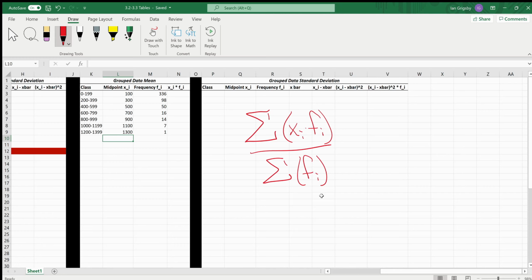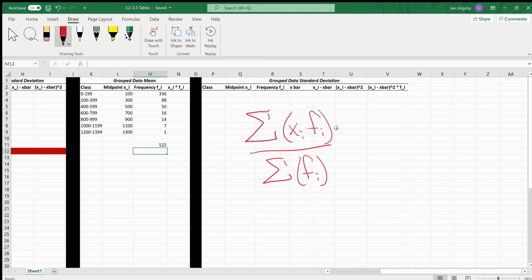So the very first thing I'm going to say is, wait a second, because of the bottom, because of this right here, I need to add up all things that look like fi. So I go to equals sum, open parenthesis, and hey, I'm adding all of these guys together, all my frequencies. Boom, 522.